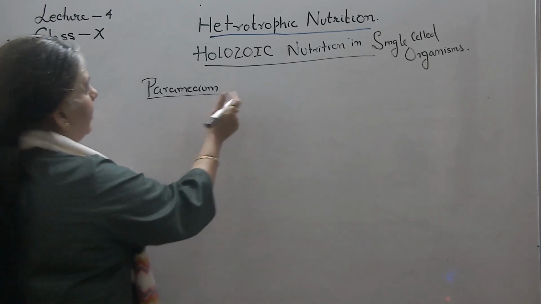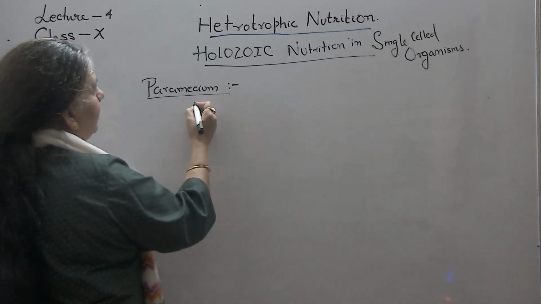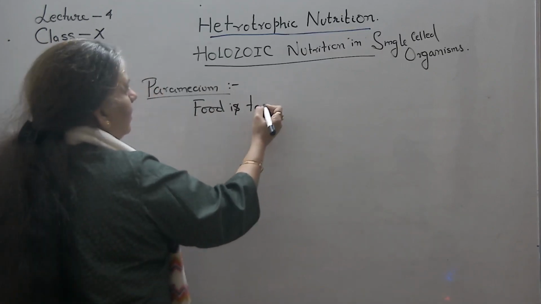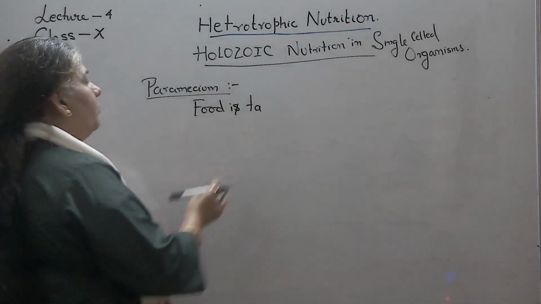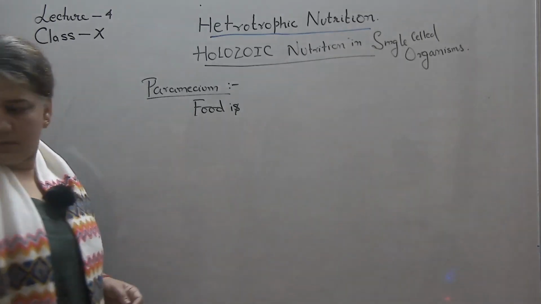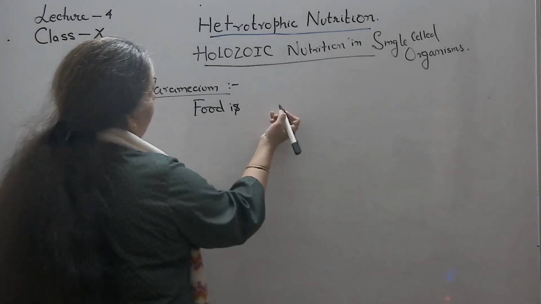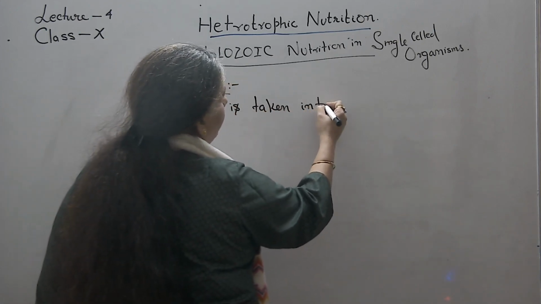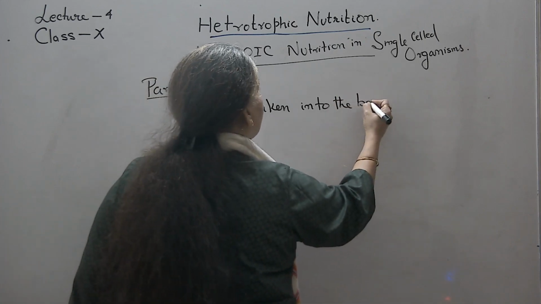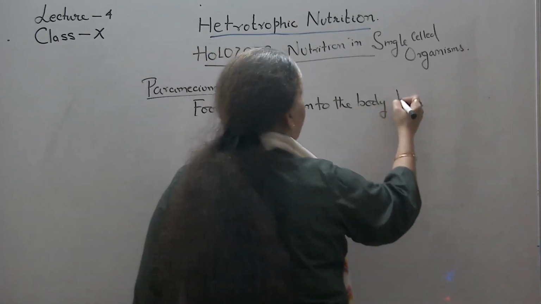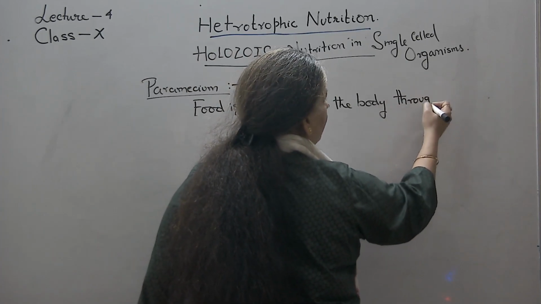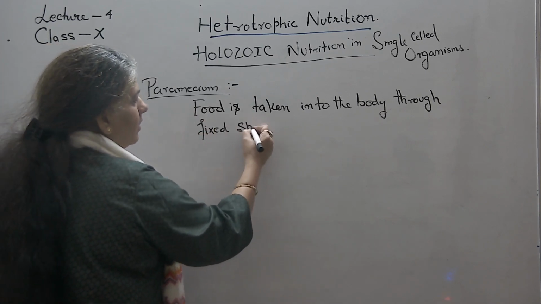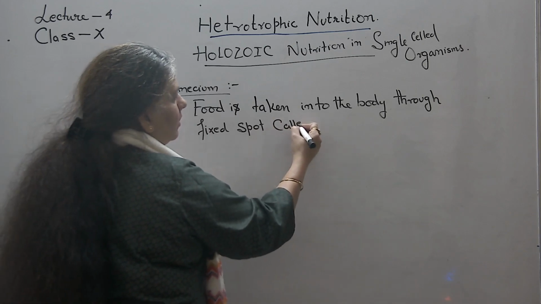I'll write down in the end. So in case of paramecium, first, food is taken into the body through a fixed spot called the oral groove.